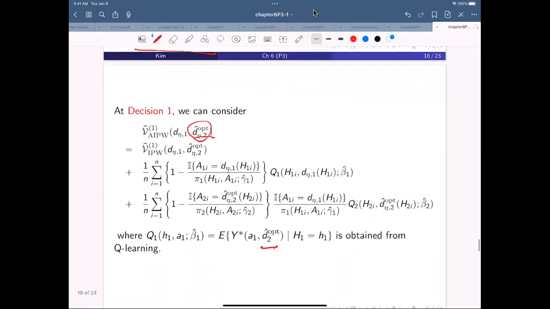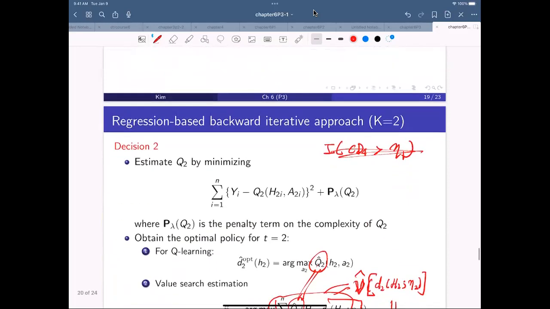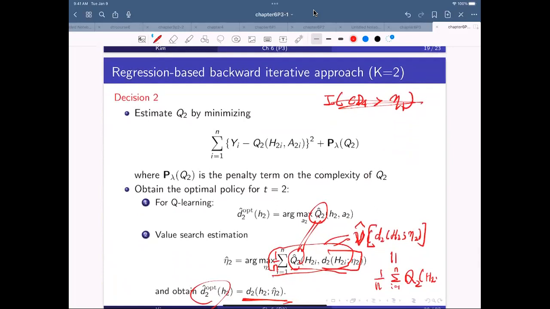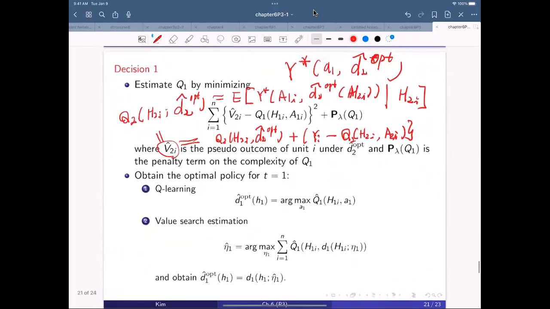And then the question is how to compute D1, Q1 under the optimal choice of D2. That is the Q-learning that I explained. The idea is you need to create the pseudo outcome under D2 optimal. The pseudo outcome under D2 optimal is nothing but the imputation under a different universe, under the different regime.